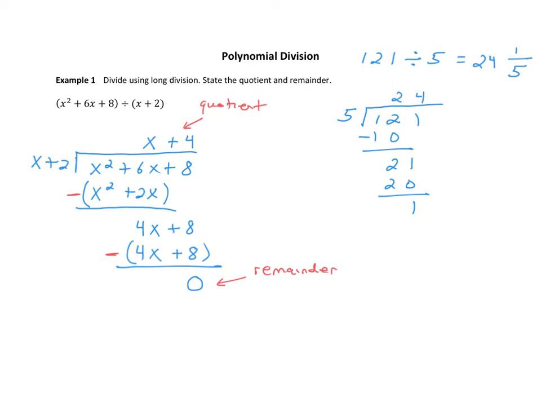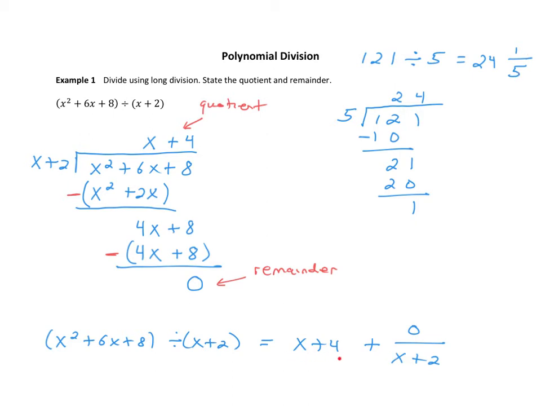So what all this means is if you take x squared plus 6x plus 8 and you divide it by x plus 2, what you get is your quotient, which is x plus 4, but you have 0, your remainder, out of x plus 2 left over. So it's really equivalent to the thing that we have up here. It was our quotient, but we're adding on this 0 over x plus 2 at the very end.